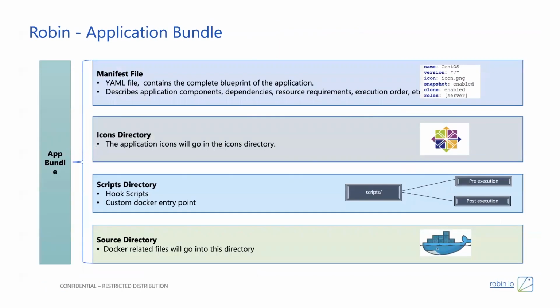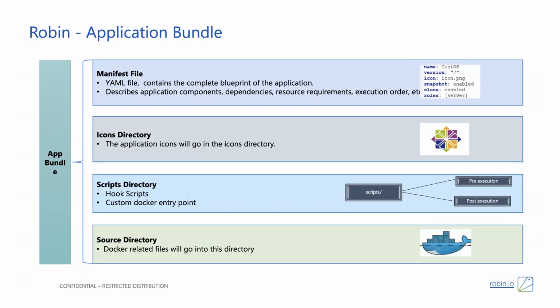Let me talk a little bit about what is a Robin application bundle. A Robin application bundle is a packaging of an application for deploying into a cloud native platform. And it's similar to Helm chart, but it has much simplified and more intuitive operations that you can perform on the application.